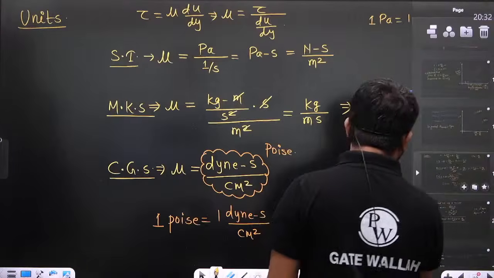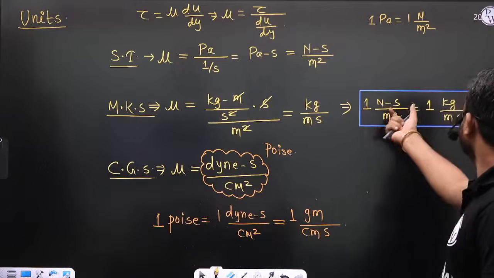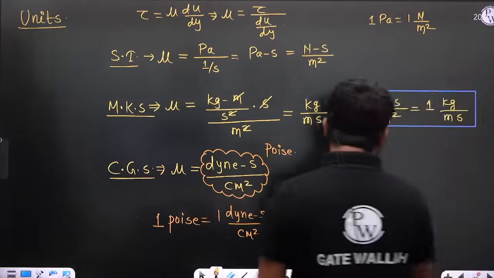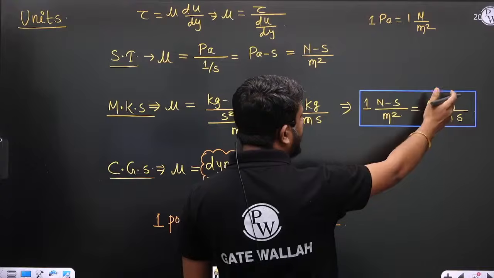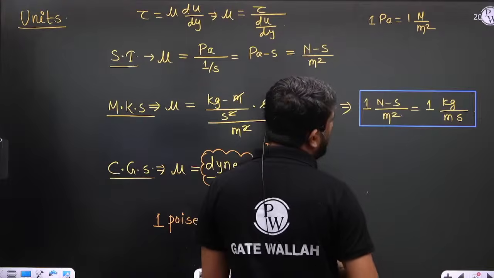So see here, in terms of fundamental dimensions, we know that kg per meter second is the unit of the viscosity.